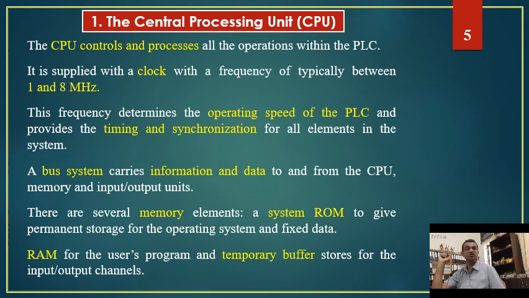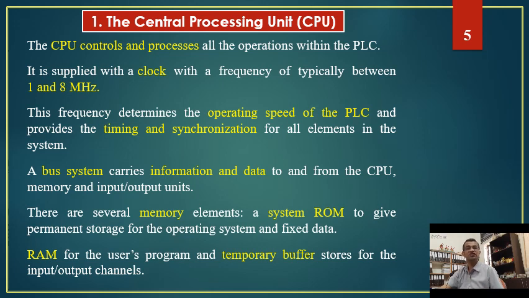user's program, yes, the user's program keeps on changing. So today we may be using the PLC for one function. Tomorrow we may have to change the function for which this PLC is used. Under those circumstances, this data, this program must be stored in a place which has the facility to refresh it, change it.